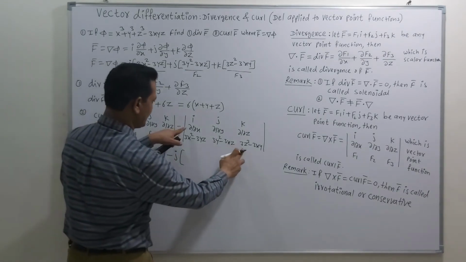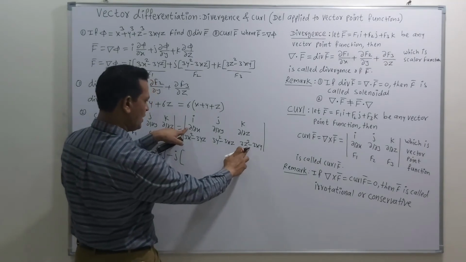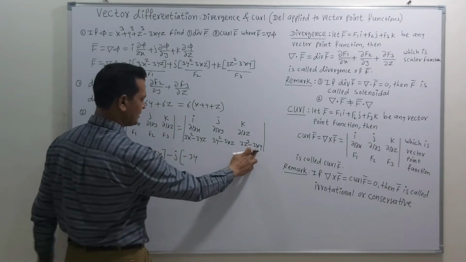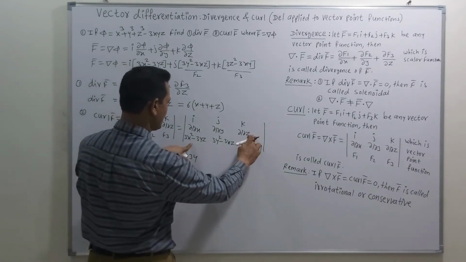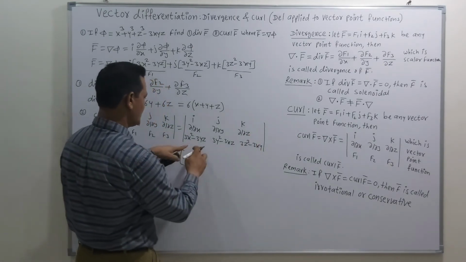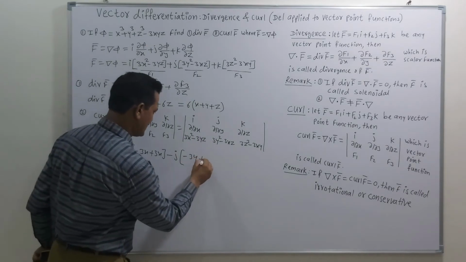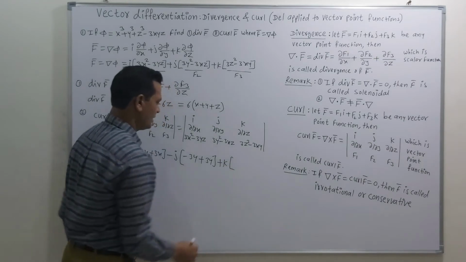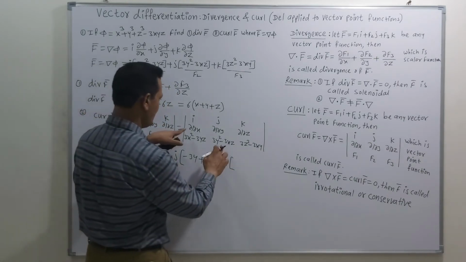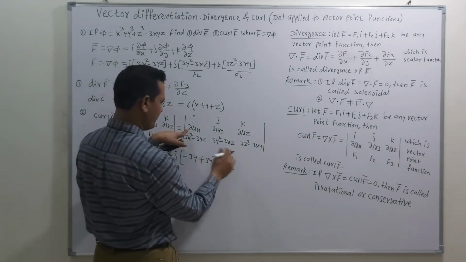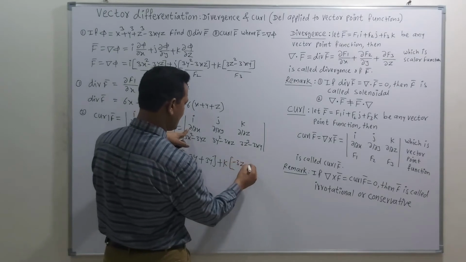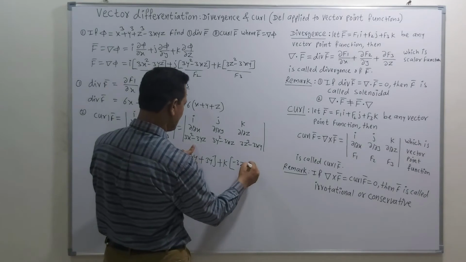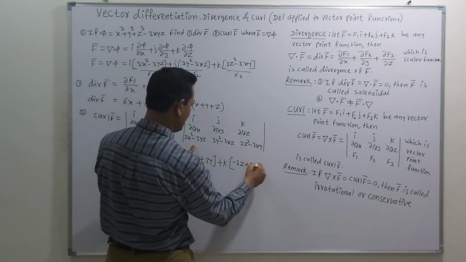Then again take the derivative of this function with respect to x, which is given as minus 3y, and take the derivative of this function with respect to z, so we get minus minus becomes plus 3y, minus 3y. Plus k times, the derivative with respect to x of this term, which is minus 3z, and the derivative of this term with respect to y is minus, minus becomes plus 3z.